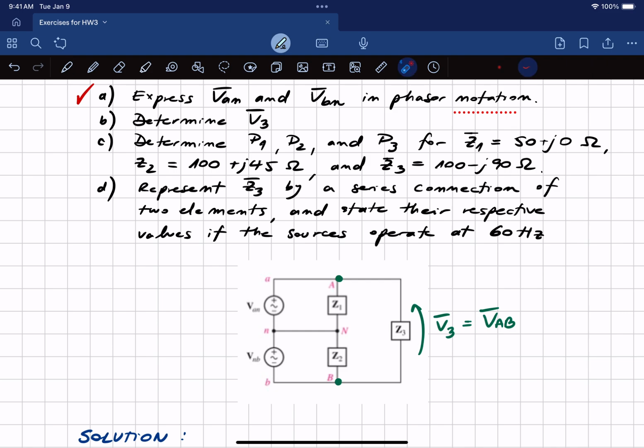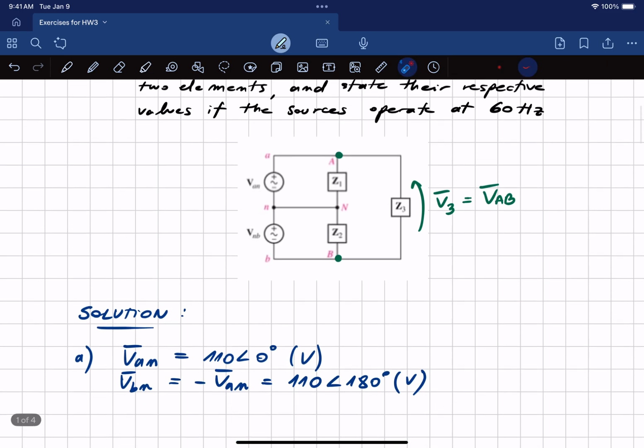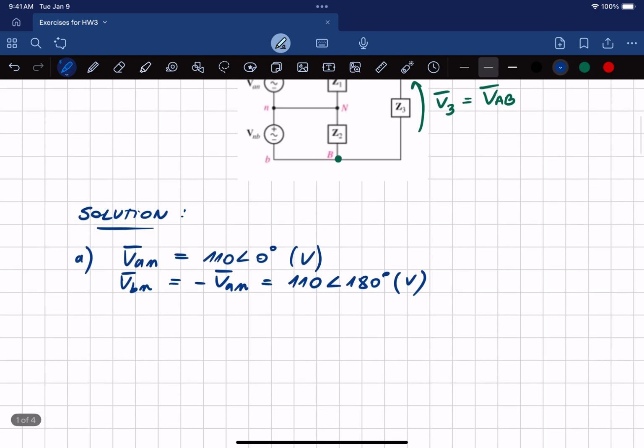So what we need to do here is to calculate that voltage, and we can do that simply by stating a voltage law on this loop. So we can easily write VAN plus VNB equals VAB, which is equal to V3.